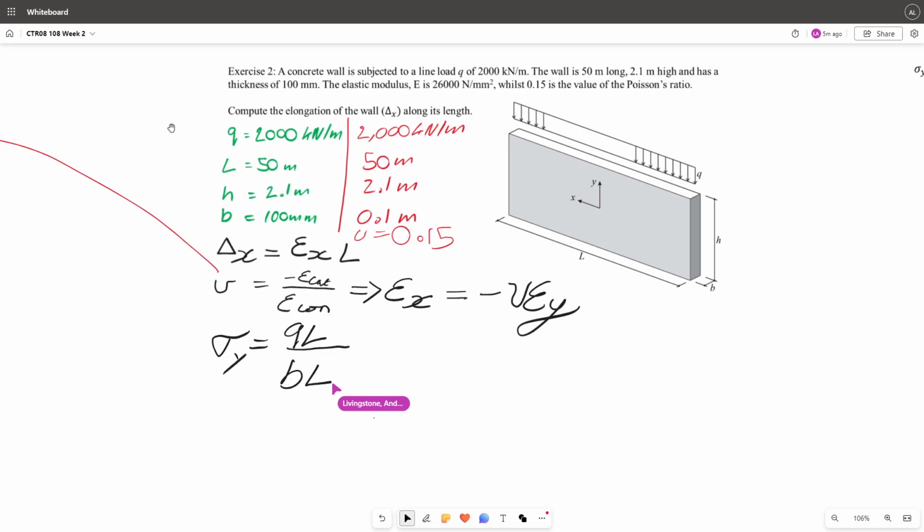Well, from this now, we have Q, L, B. Have everything. Actually got it all now. I've got blank faces.